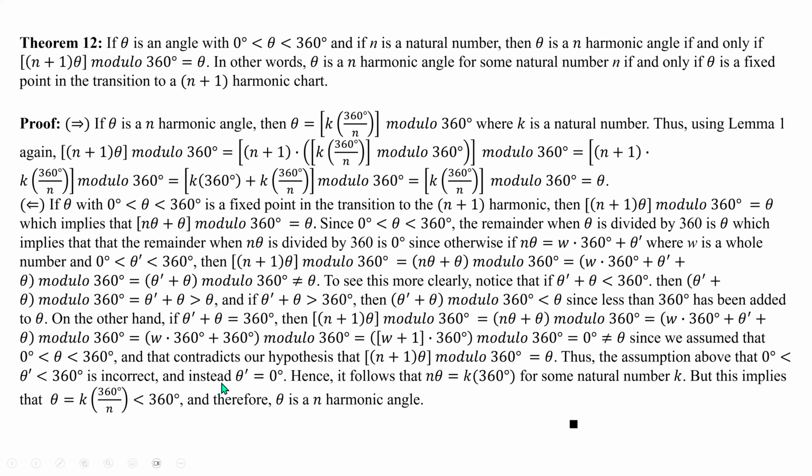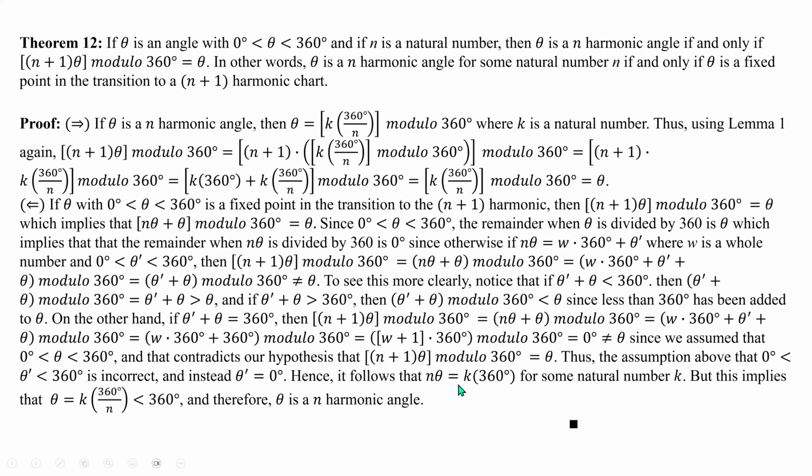To fix that, it must be the case that theta prime actually is 0 degrees. And from that, it follows that n times theta, rather than being w times 360 degrees plus theta prime, where theta prime is non-zero, this has to be 0.